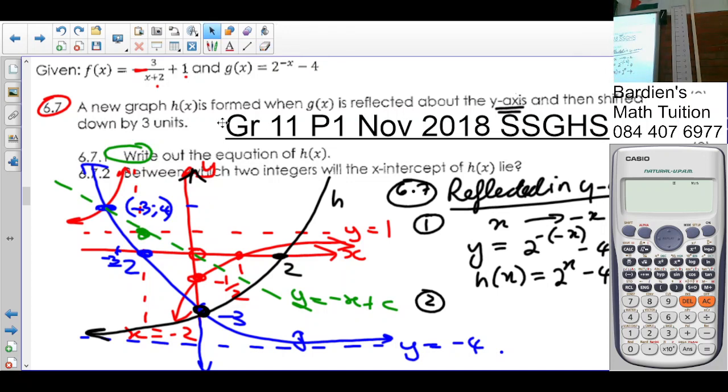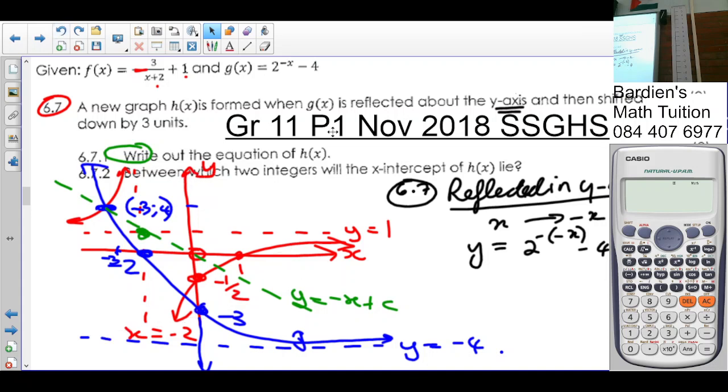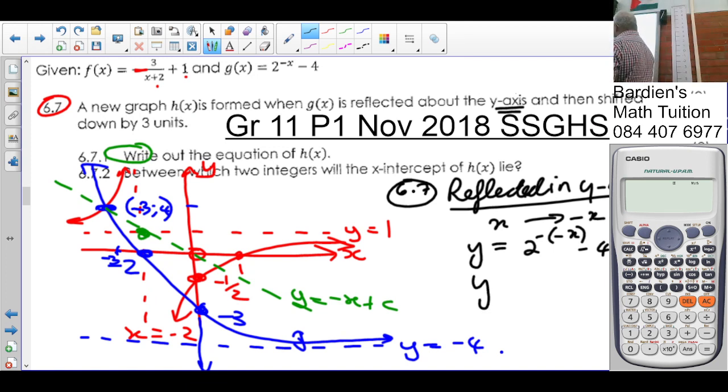So here we are told that it is reflected about the y-axis and then shifted 3 units down. So what do I do? Minus 3 on the end. So that would simply be y equals 2 to the x minus 7.